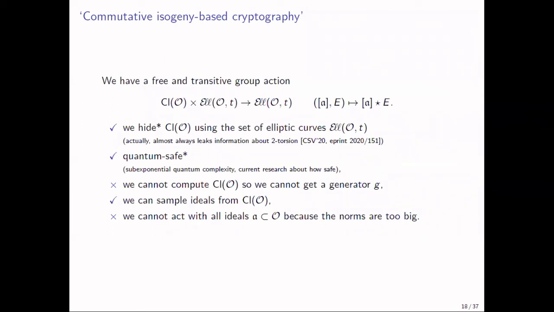Well, you hide the structure of the class group, which is a very rich arithmetic object. It's beautiful. It's really a classical object just to study. And you take its lovely structure and you hide it just by using the set of elliptic curves. And there's no way to take two elliptic curves and combine them and produce a third elliptic curve.